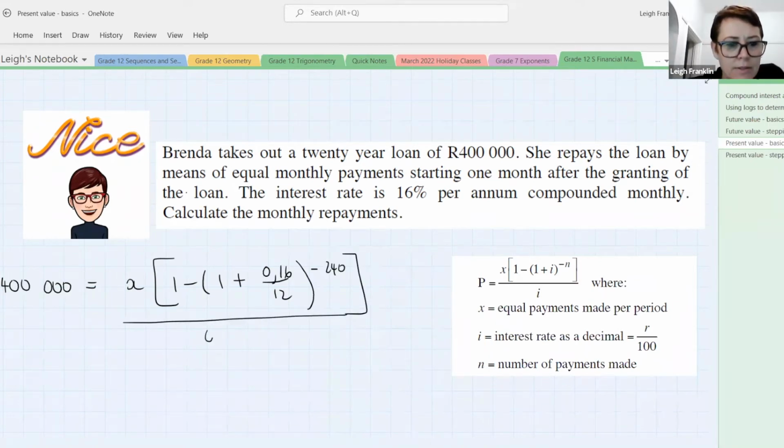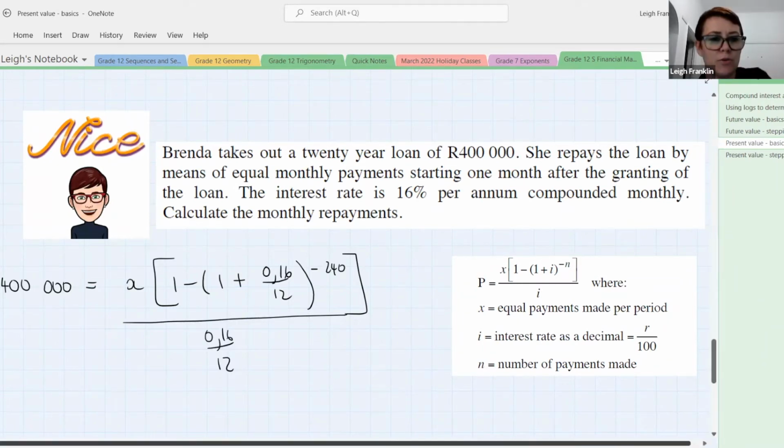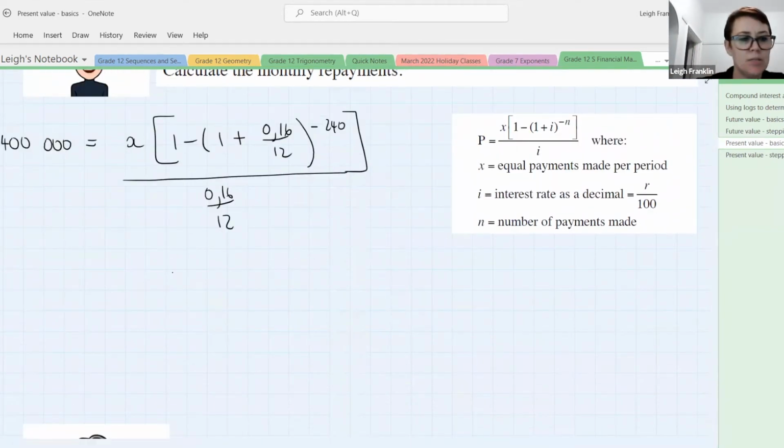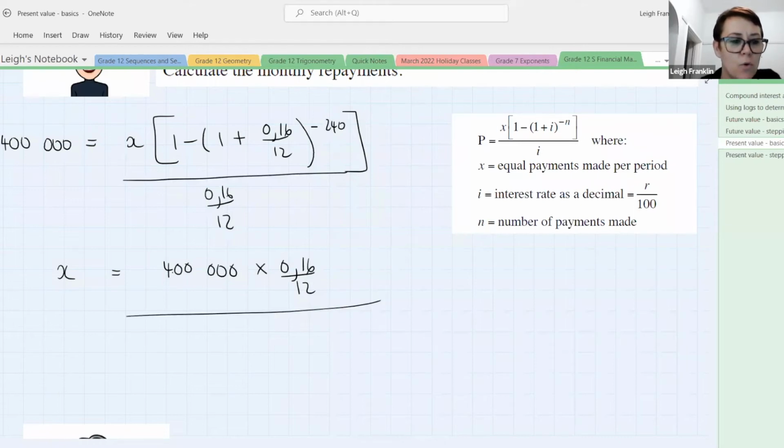And then 0.16 over 12. To solve for X, we make X the subject of the formula by cross multiplying 400,000 with 0.16 over 12 and then dividing all of that by what was in our square bracket. You don't actually have to write this middle step. I'm just doing it to show you where it would have come from.